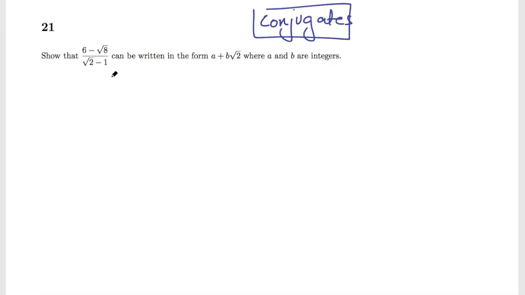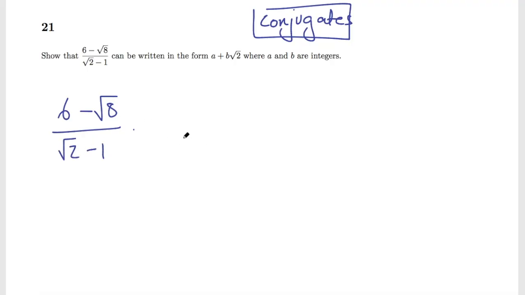The conjugate is when we multiply this fraction by the conjugate in order to get rid of the square root in the denominator. Essentially in mathematics, generally it's seen as easier if we can work with numbers without square roots in the denominator for various reasons. So let's go ahead and start working this out.